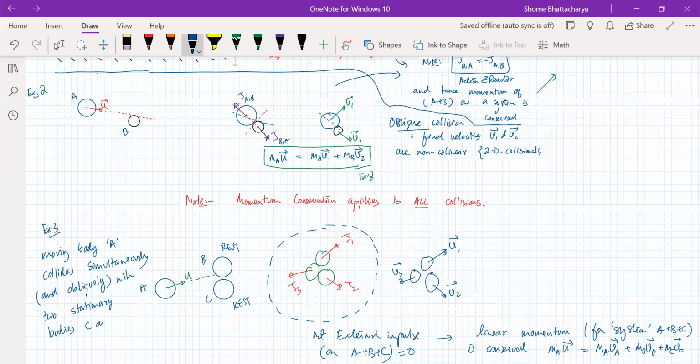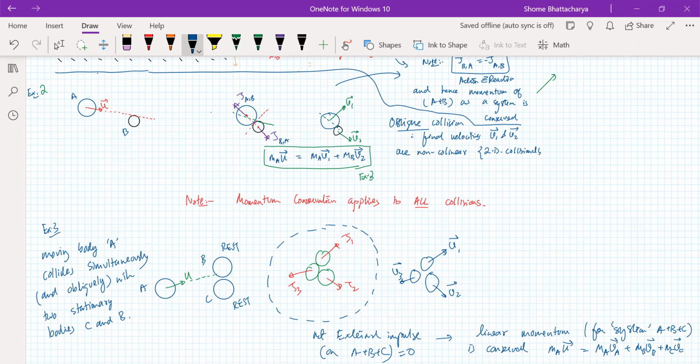So these are all everyday type of examples which are easy to visualize of collision events. And you can see in all these different categories of collisions, one common physical concept is that the linear momentum of the system is conserved, because the collision event only involves the application of mutual forces between the colliding bodies.